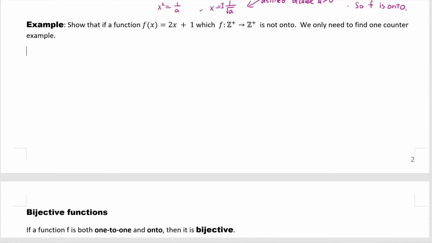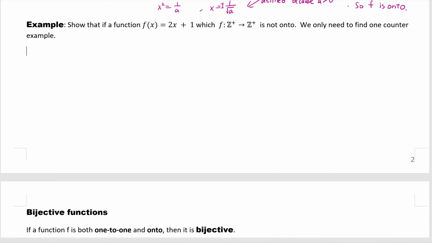If we want to show it's not onto, we just need to find a counterexample: a y value such that there's no x mapped to that y value. Our x is a positive integer, so x is greater than or equal to 1. Then 2x is greater than or equal to 2, and 2x plus 1 is greater than or equal to 3. So this function can only map to numbers that are greater than or equal to 3.